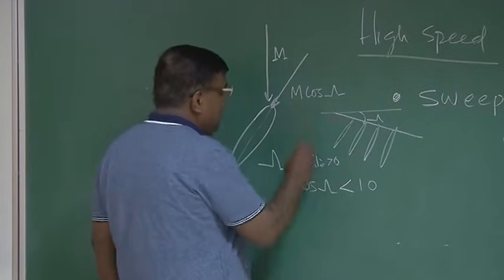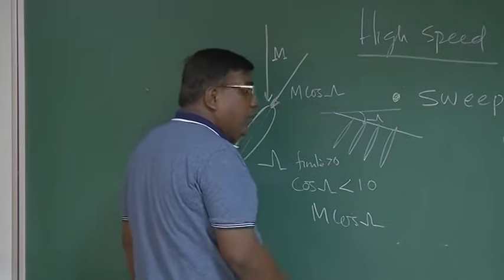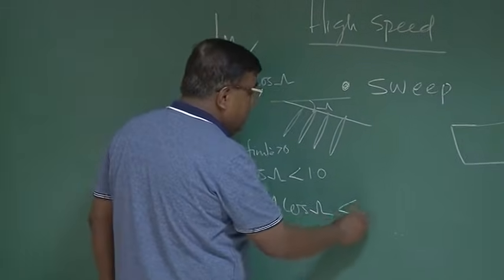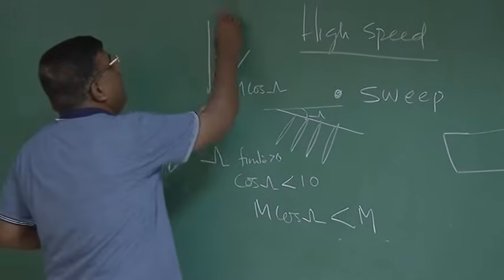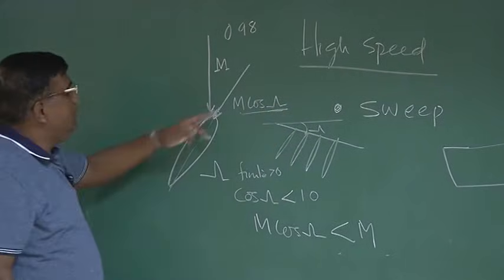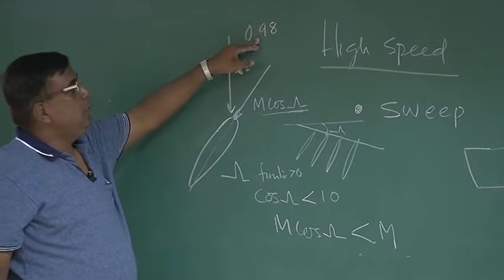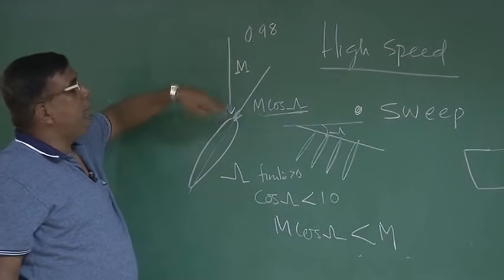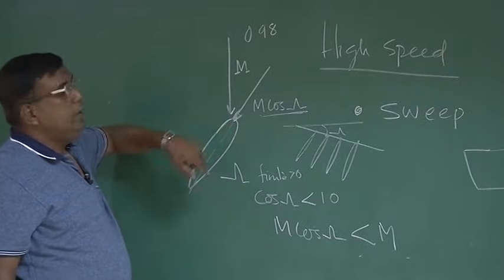If it is less than 1, then M cos lambda for a finite value of lambda will be less than M. That is, if, let's say, it is 0.98, then depending upon the lambda you have chosen, this normal component can become 0.95. So you are reducing the transonic effect seen by this aerofoil.